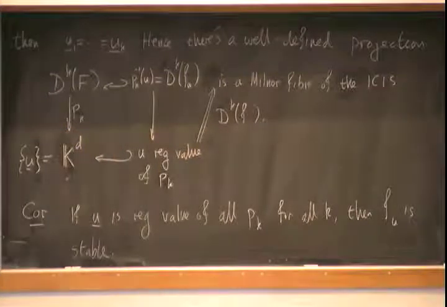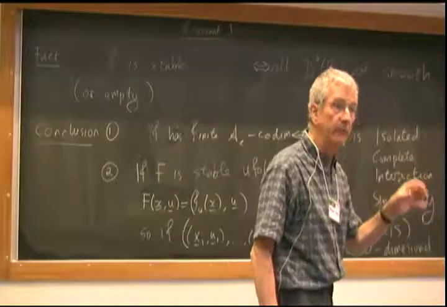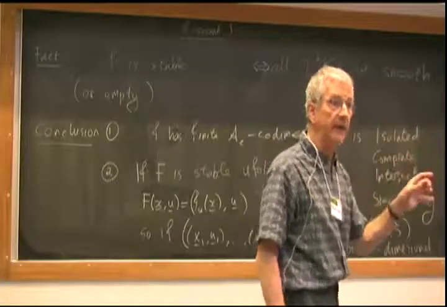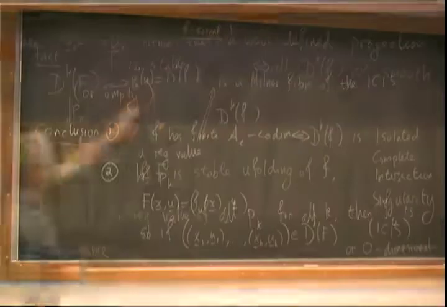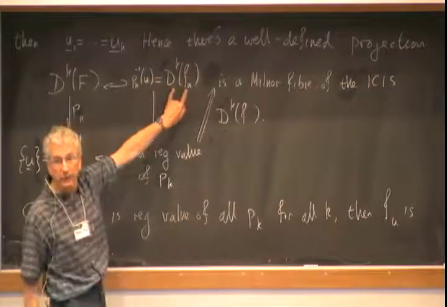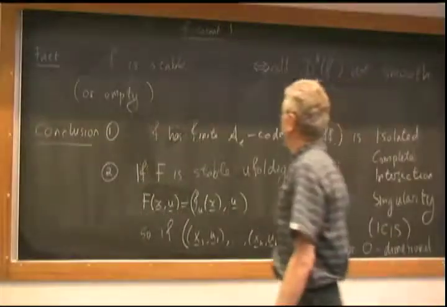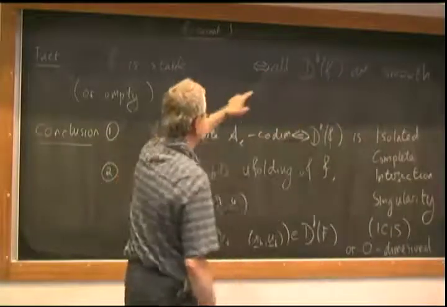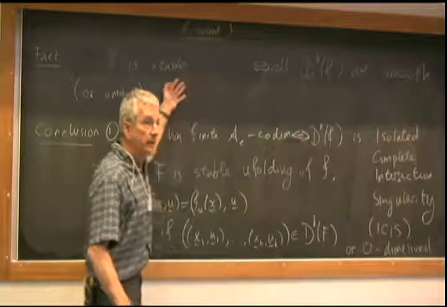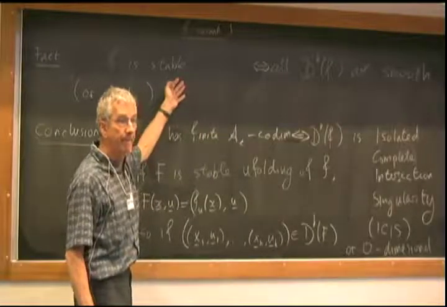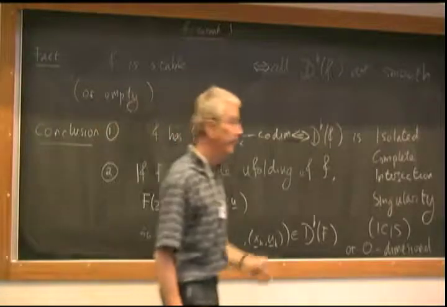Because if u is a regular value of each p_k, that means each of these is smooth. And now, if all D^k are smooth, then it's stable. Okay?